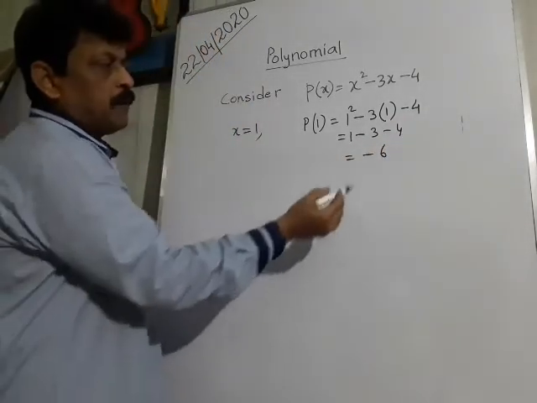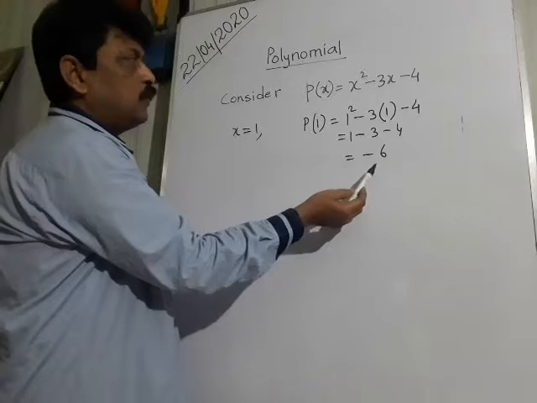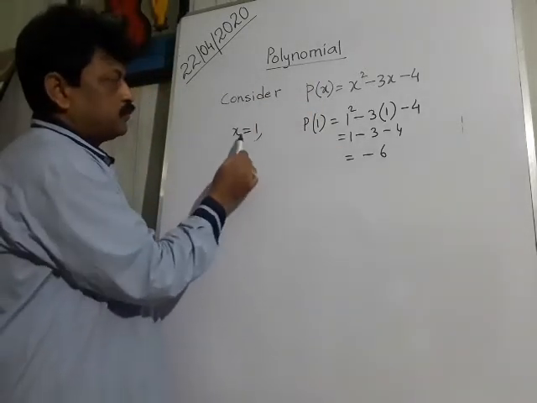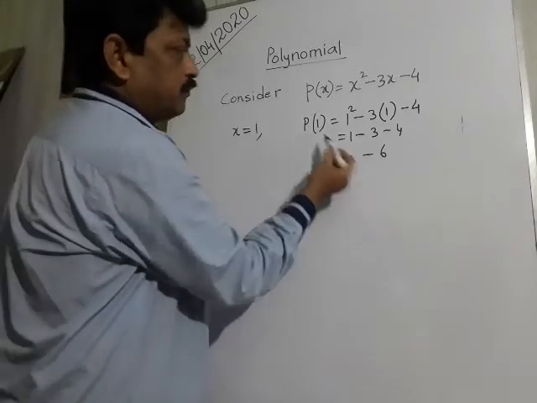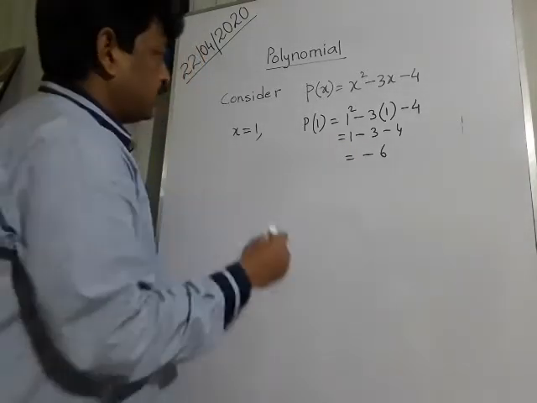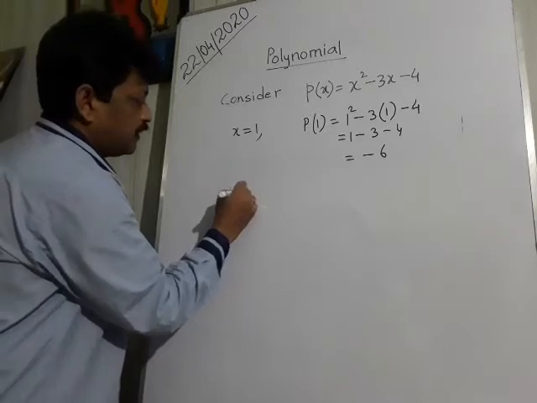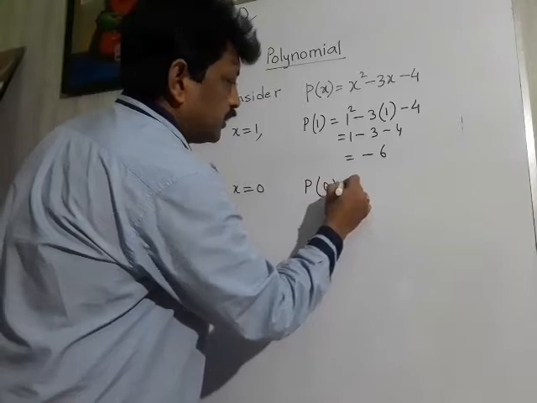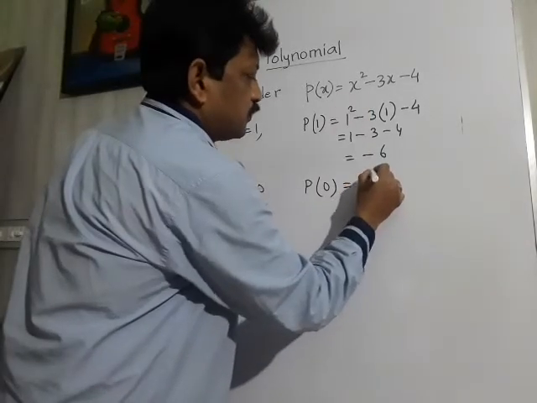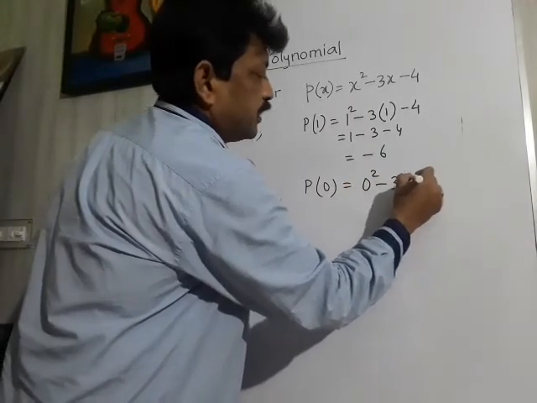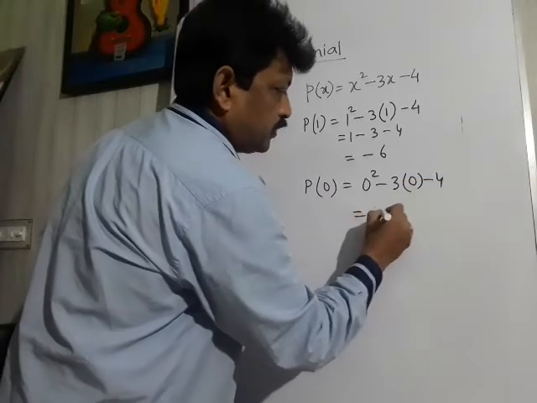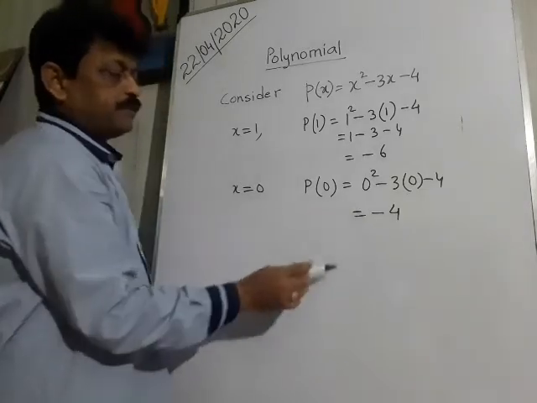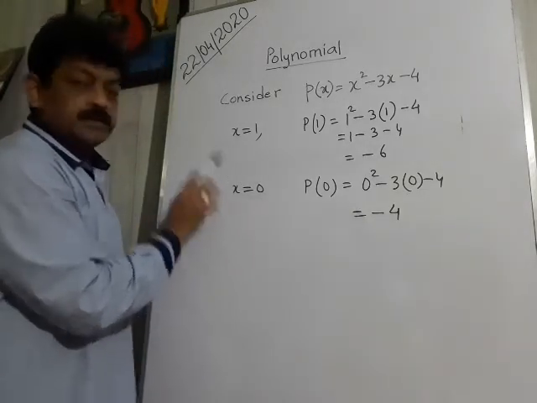So here minus 6 is the value of the polynomial at x equals 1, because when we put x equals 1, we get p(1) as minus 6. Now if we put x equals 0, then p(0) equals 0 square minus 3 multiplied by 0 minus 4. So here you will get minus 4. So minus 4 is the value of the polynomial at x equals 0.